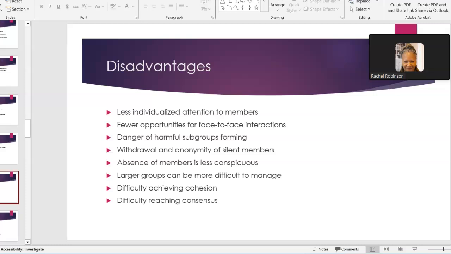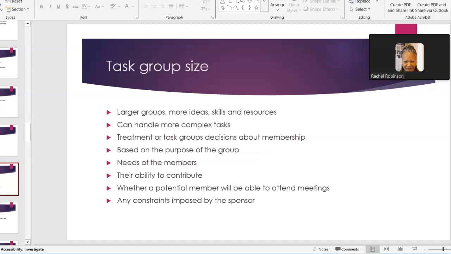You could have members that are absent more frequently, or they're absent and their absence might not be noted. Larger groups, I'm talking 20, 25 people, it could be unwieldy, it could be difficult to manage. And with a large enough group, the one thing we're moving towards is cohesion, and that's the one thing that can be difficult to achieve when you have a group that's too large.